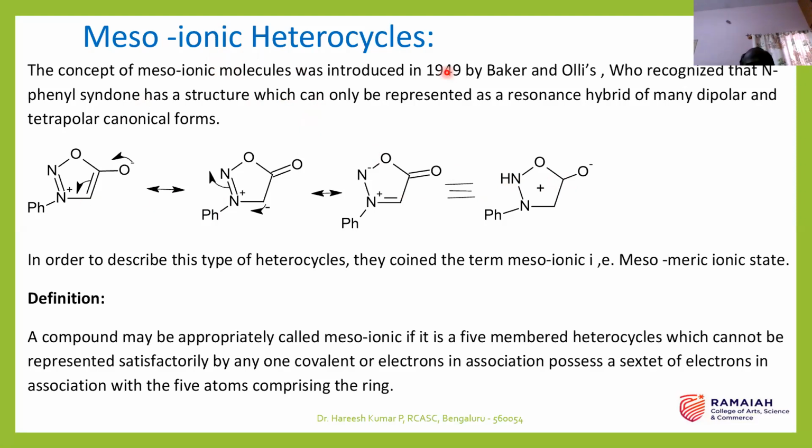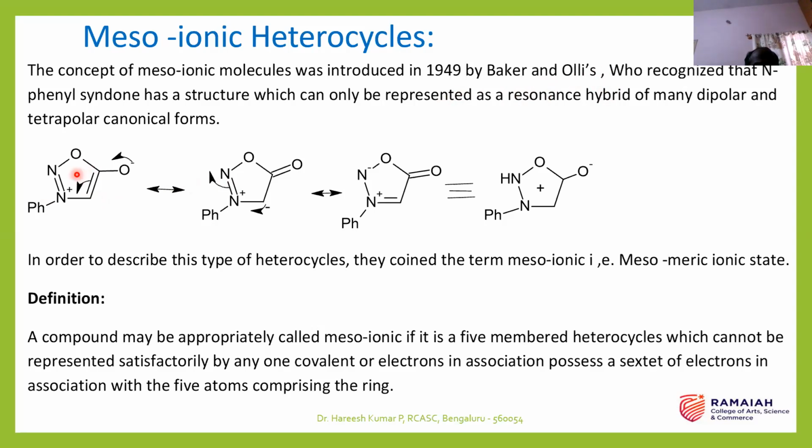The first example of a meso-ionic compound is phenyl sydnone. This substituent is called phenyl, and the name of this moiety is phenylsydnone. It was first identified in 1945 by Baker and Ollis.